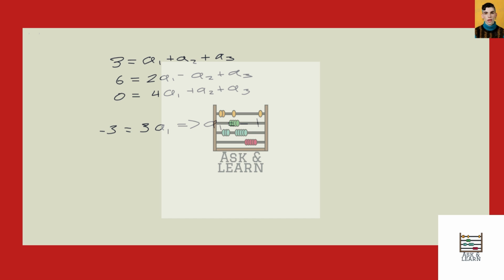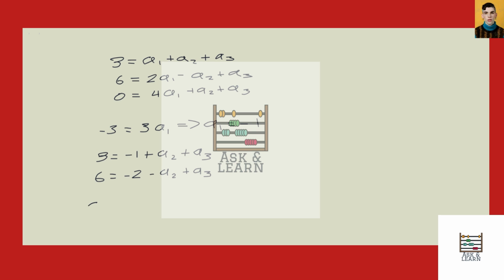Now let's substitute it back into these two equations. So we have 3 is equal to minus 1 plus c sub 2 plus c sub 3, and we have 6 is equal to minus 2 minus c sub 2 plus c sub 3. Let's add these two equations together so we can cancel this out.